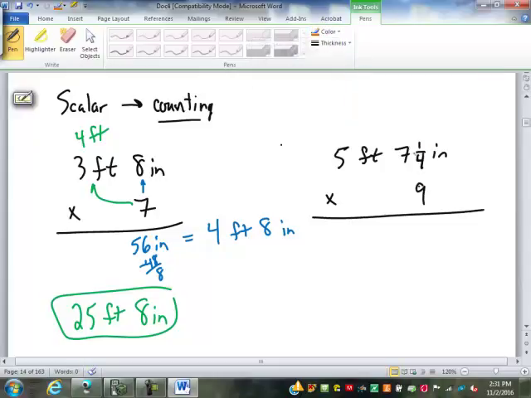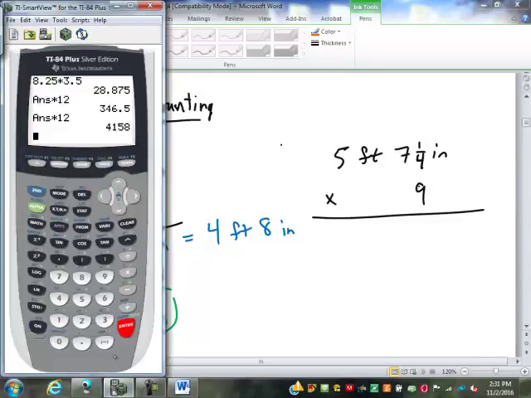So if we do this, we've got to do 7 and 1/4 times 9. 7 and 1/4 times 9 will be 65 and 1/4. If you don't know that by looking at it, what are your options? Well, many of you have fraction calculators, so you could punch it in there and get it.